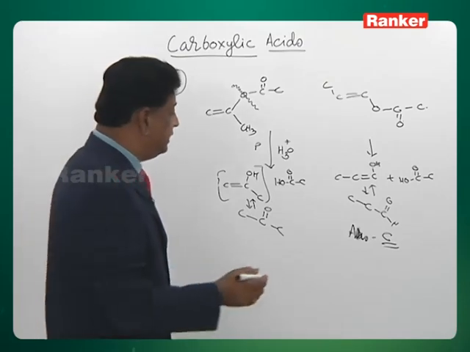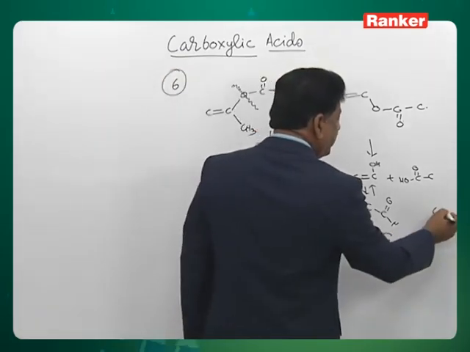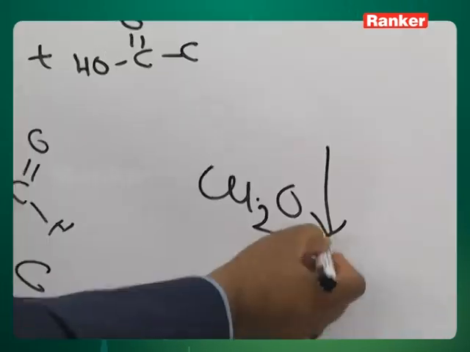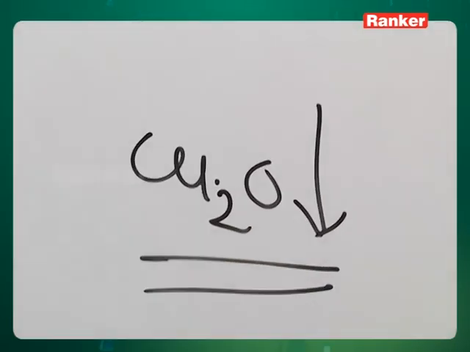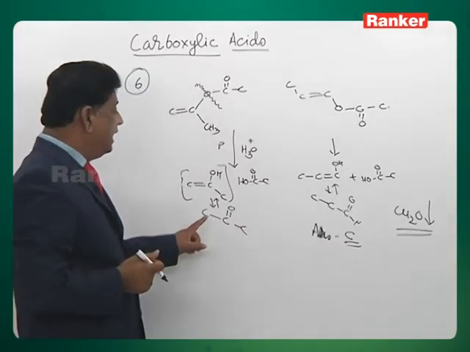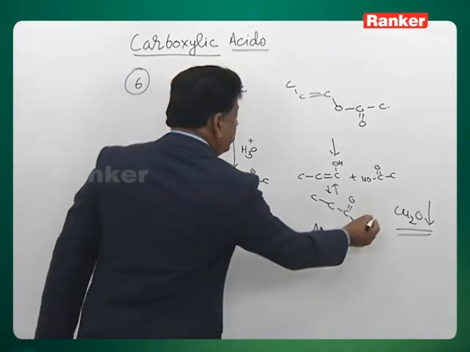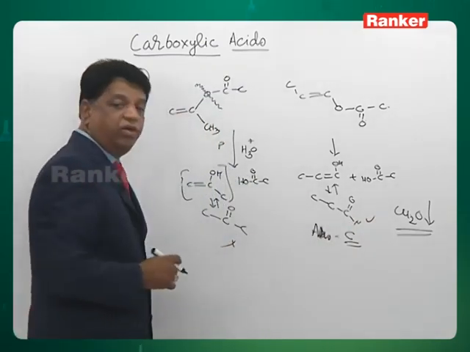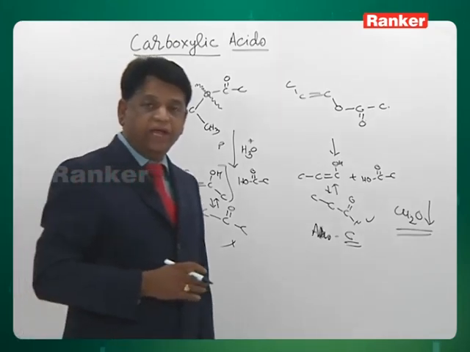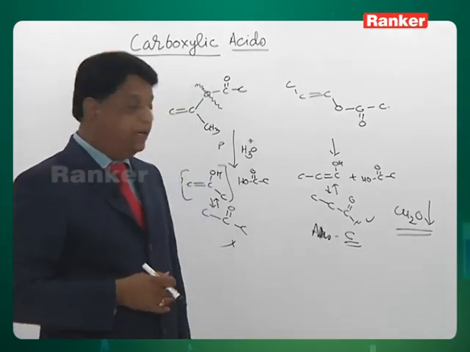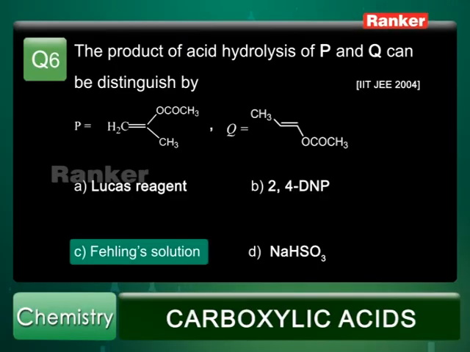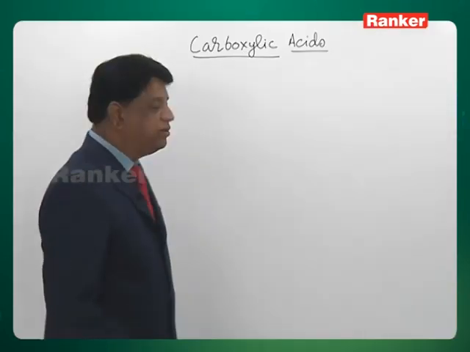Cu2O is precipitated as a red color precipitate, and thereby we can find this color and say which is the aldehyde. Only aldehydes will give this reaction, ketones will not give this reaction. So one can easily differentiate the aldehyde and the ketone using option C, that is Fehling's reagent. So let's go for question number 7.